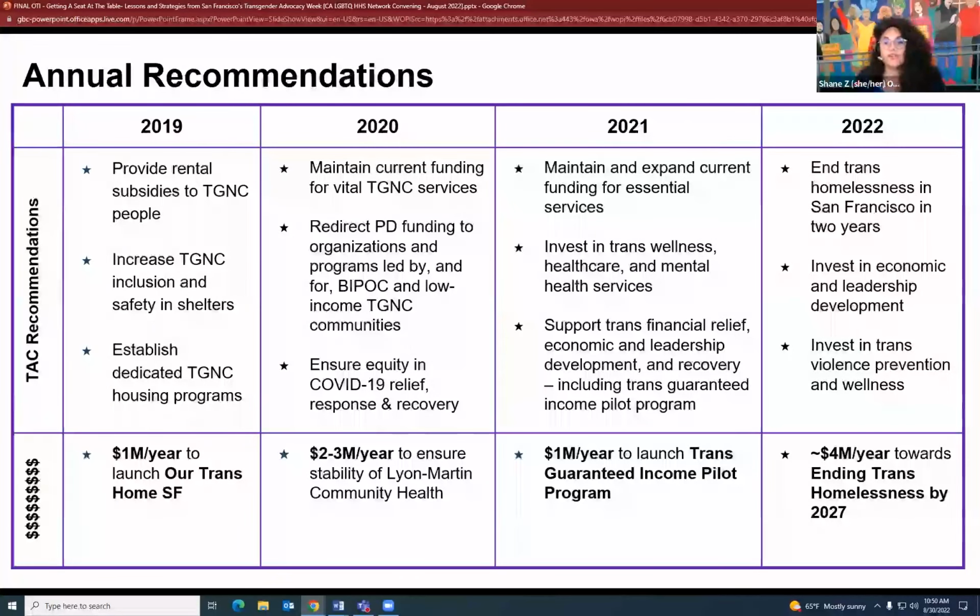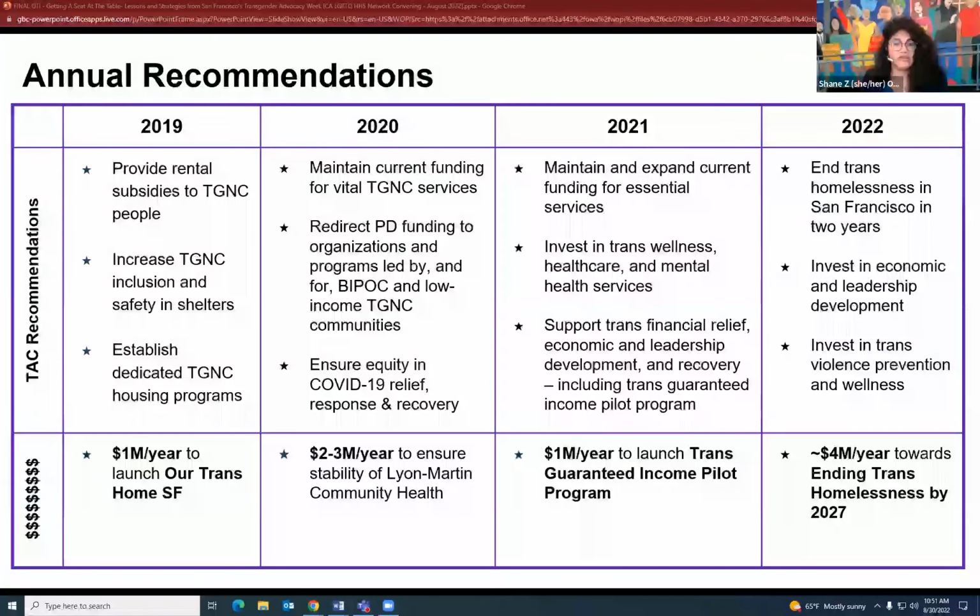So when this started off, this was back in 2019. We were really doing this for the first time, and we had to put this idea into practice. We wanted to focus on the most important things that could immediately impact the well-being of our community. And so the first thing we wanted to focus on in 2019 was housing. We crafted recommendations with the help and support of our full TAC.